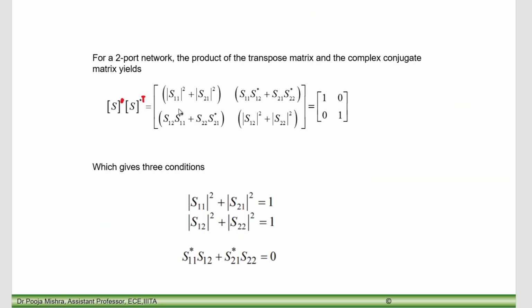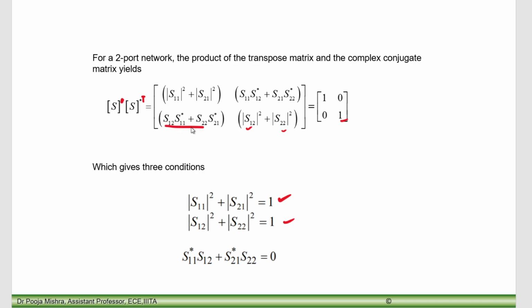So we'll have S11 square plus S21 square is equal to 1, first condition. Second condition, S12 square plus S22 square is equal to 1. And we'll have S11 S12 conjugate plus S21 S22 conjugate is equal to 0.